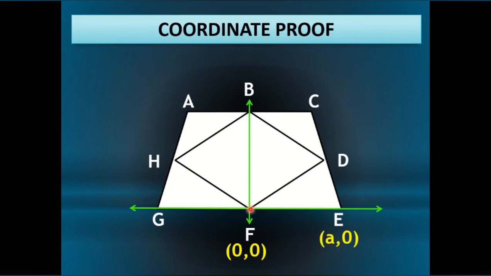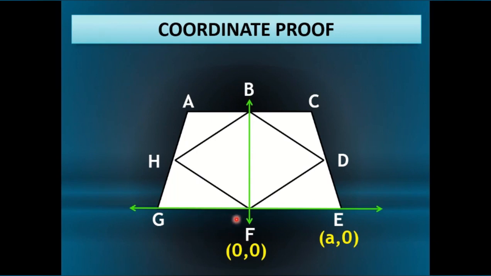And then for point E, we have a, 0. Since we form a horizontal line here, the common coordinate between point E and point F will be the y coordinate. Since the y coordinate of point F is 0, the y coordinate of point E will also be 0.